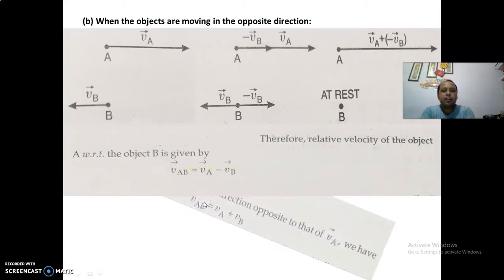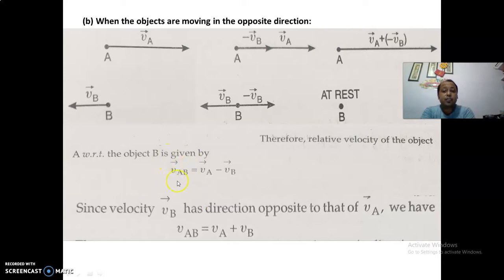But when we find the magnitude of the resultant velocity, if this is 60 km per hour and this is 40 km per hour, their directions are opposite. vA is positive and vB is negative. So if we put 60 km per hour minus minus 40, that becomes plus. That means two quantities are added up.